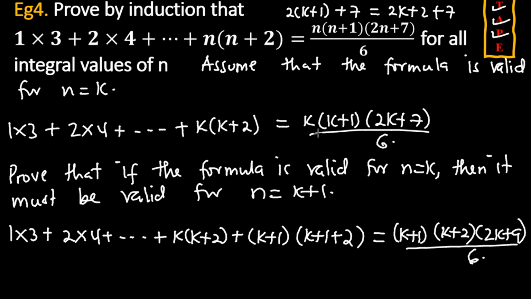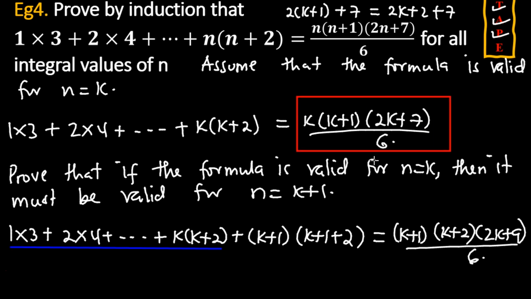Now, we observe that 1 times 3 plus 2 times 4 plus dot dot dot plus k into k plus 2 close brackets is the same as saying k into k plus 1 close brackets open brackets 2k plus 7 divided by 6.